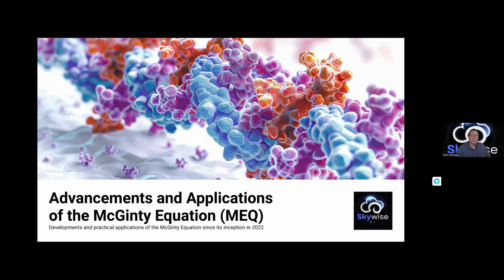The first presentation to the Global Scientific Guild, at a webinar for applied science and technology, was the seventh. At that presentation, the MEQ, or what I'm calling the McGinty equation, was very fledgling, very new, and it was still very much in the stages of needing other experts to verify and validate it.